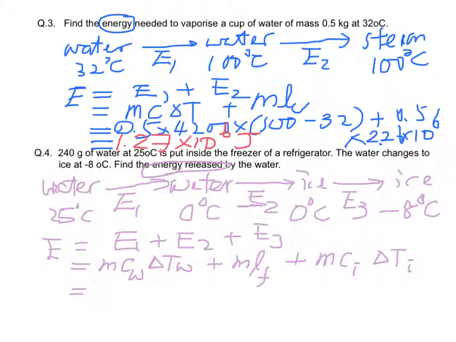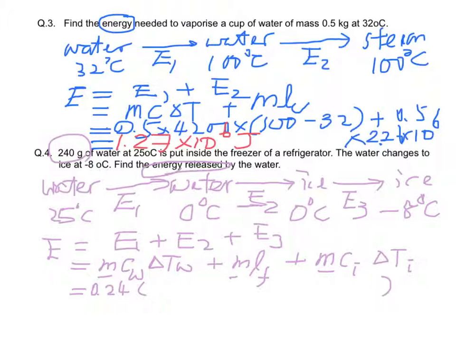The result is: change mass from gram to kg first. It would be 0.24, and we extract the mass in all the terms outside.